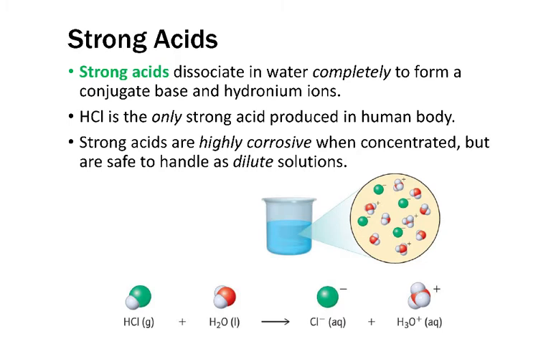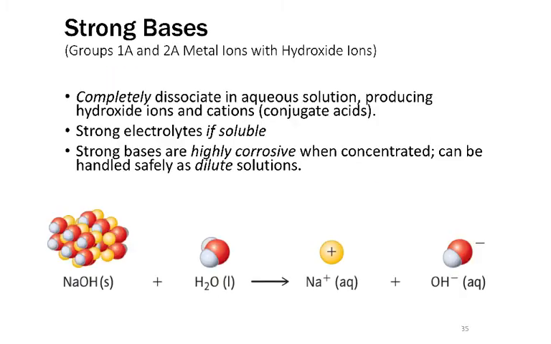So they are safe to handle when they're diluted, but they're very highly corrosive when concentrated. And then strong bases are basically groups 1A and 2A metals with hydroxide, and they completely dissociate in aqueous solutions to produce hydroxide ions and cations. They're strong electrolytes and, again, highly corrosive when concentrated.